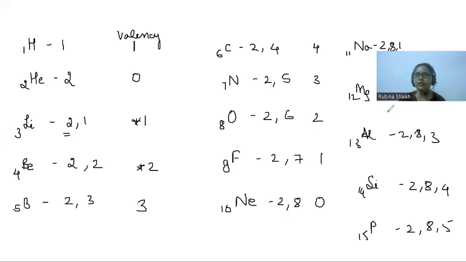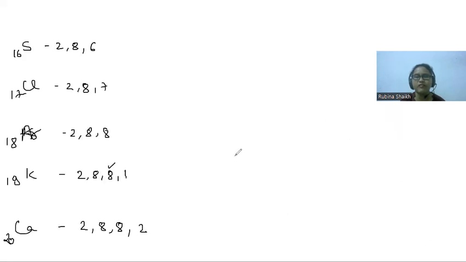So it is 1 for sodium, 2 for magnesium, 3 for aluminium, silicon is 4. Now it is more than 4, so the valency is 8 minus 5, that is 3.